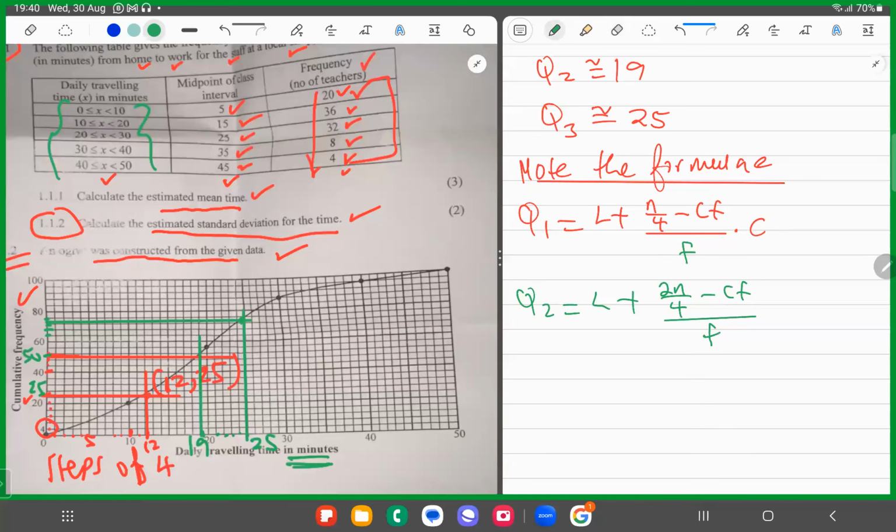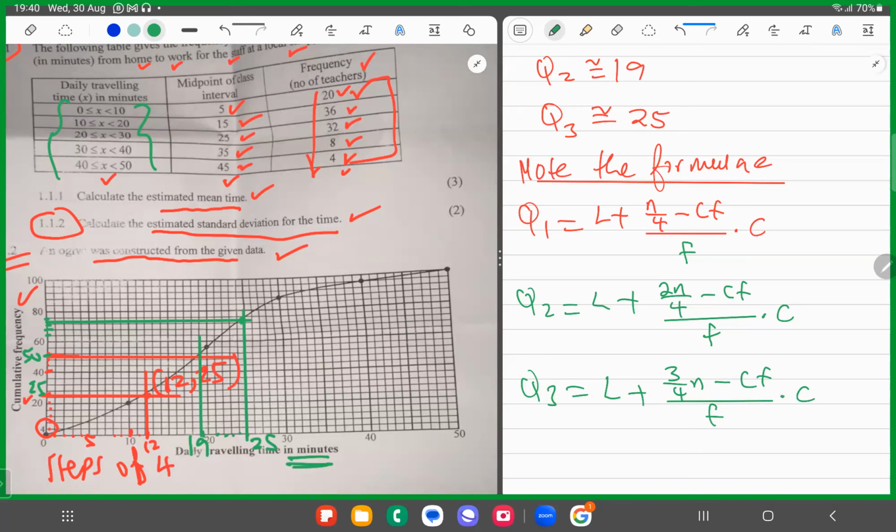I want to give you the general formulae so that you learn them, and then you multiply by the C value. What about Q3? The formula for Q3 for grouped data is L plus 3/4 of N minus CF. You divide everything by the frequency and multiply by C.